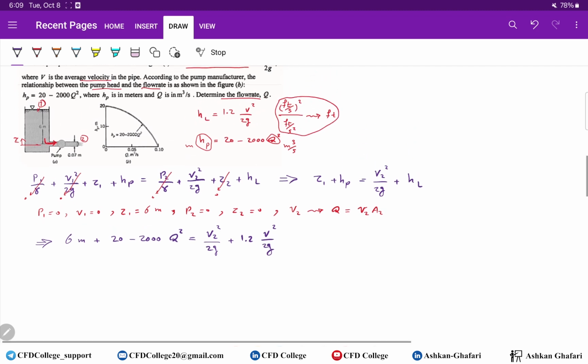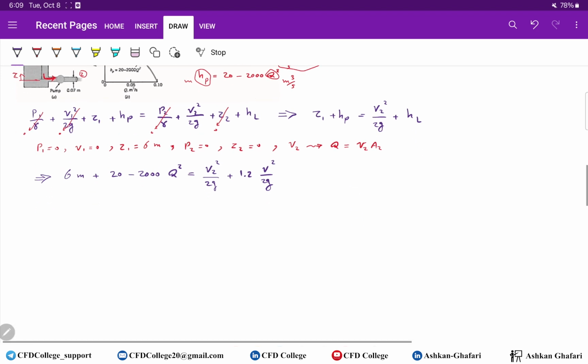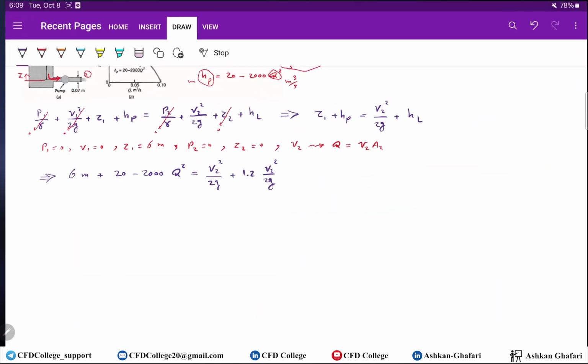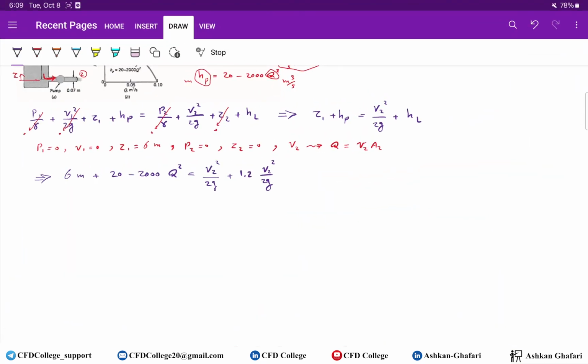And we know the velocity equals the velocity at the outlet at point 2 because the diameter of the pipe is constant, so velocity remains constant. The average velocity actually, not the velocity in local positions.